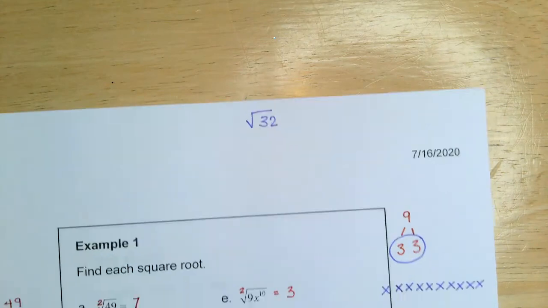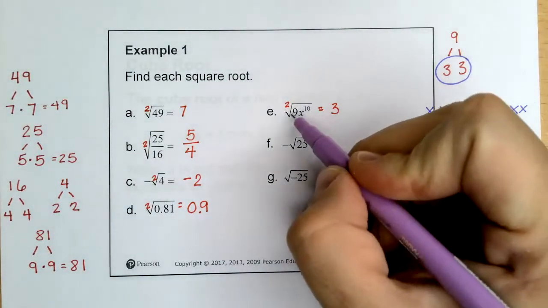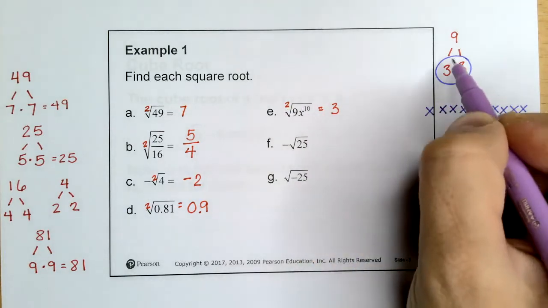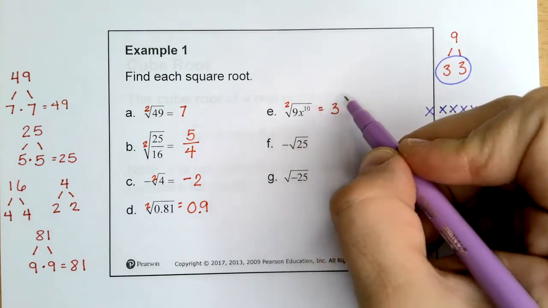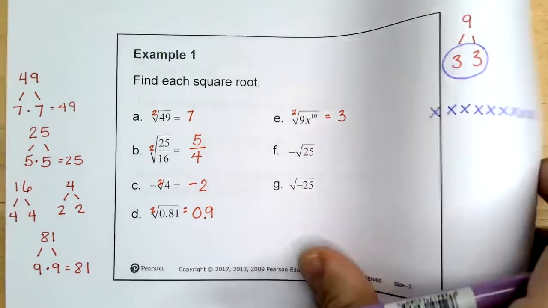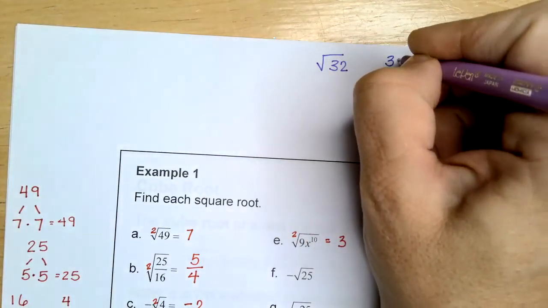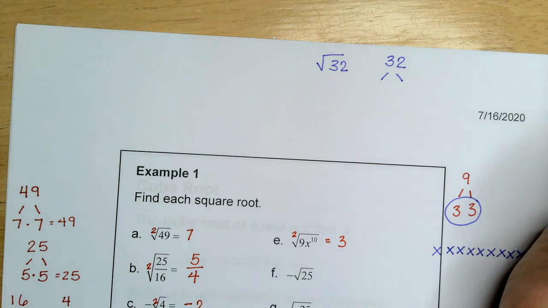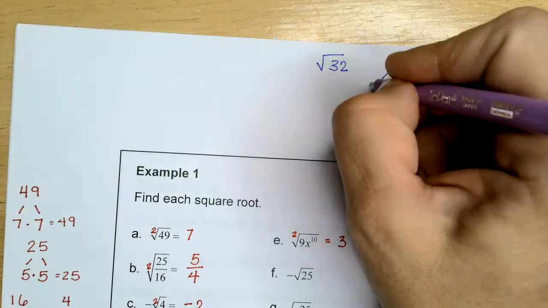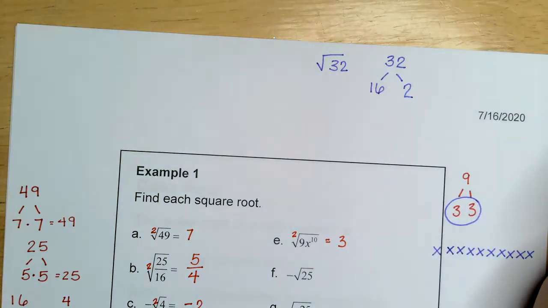But I can use a factor tree and I can take something out, because if I have 2 of them, because this is an understood 2, I'm looking for 2 of the same number and I can put it outside the radical. So for 32, I'm just going to make the factor tree. 32 can be divided into 16 and 2, right?